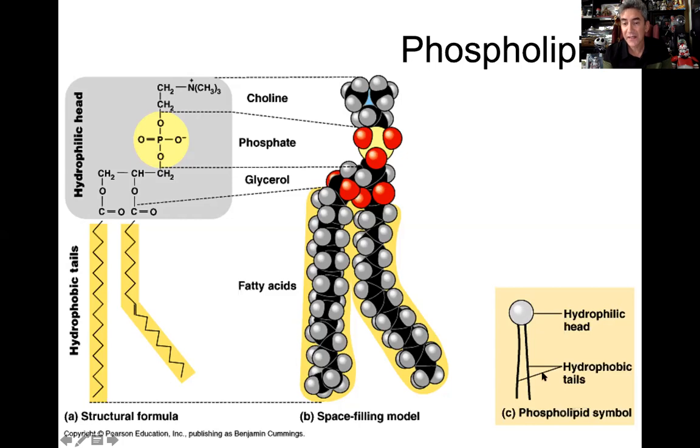Hydrophilic head, hydrophobic tails. So I want you to practice that vocabulary. You will see that vocabulary on the next exam. Just make sure you understand where that pertains to the physical location of these characteristics as well.